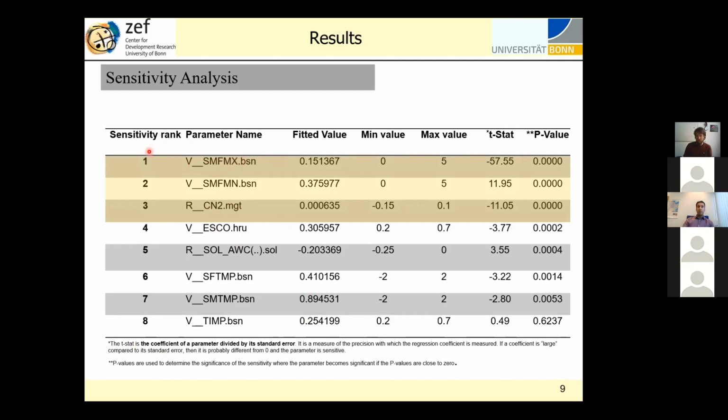They were placed here in terms of their sensitivity to see which parameter was most sensitive. So this is the actual ranking. The most sensitive was this snow relevant, this was also snow relevant parameter, runoff relevant parameter, and then comes down to the basin-wide and hydrological response unit level parameters.